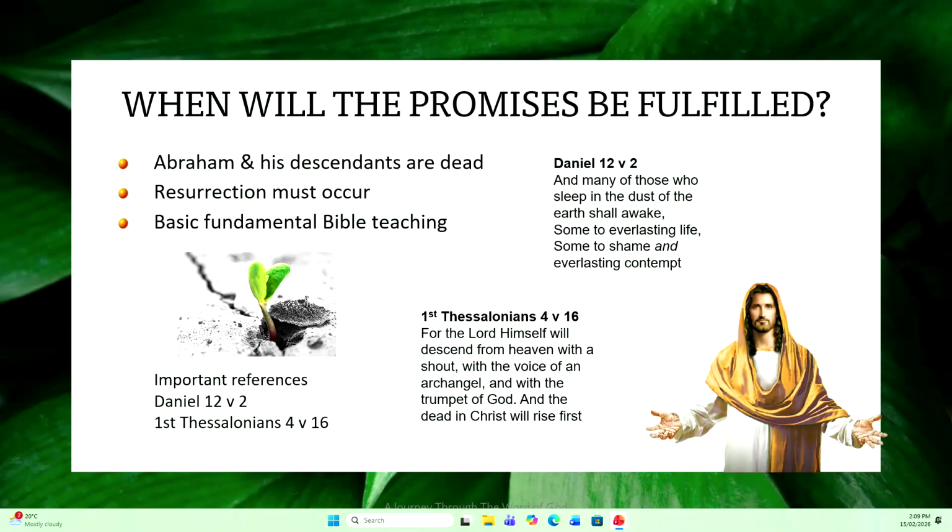So that's part of the answer. Abraham will be raised from the dead, and because he's been promised the land forever, we can assume that he will inherit it in the kingdom. When the kingdom comes, he'll inherit that.